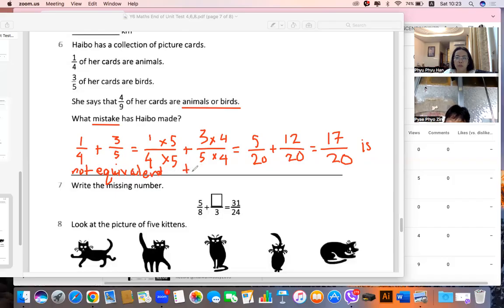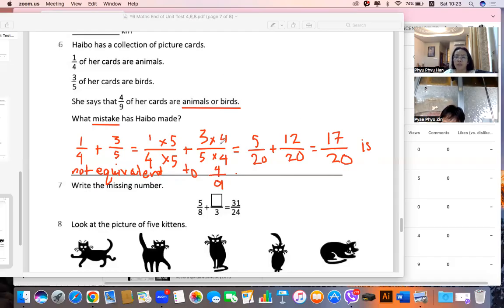4 by 9, right? There's no way we can make that 17 by 20 into 4 by 9. That's why she made a mistake. For example, if she says that 17 by 20 of her cards are animals or birds, then she will be correct.